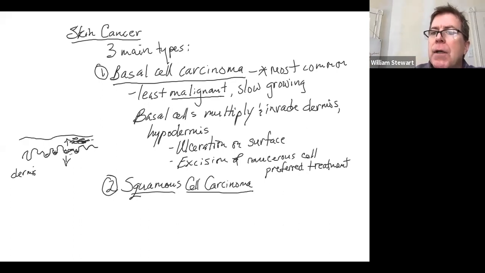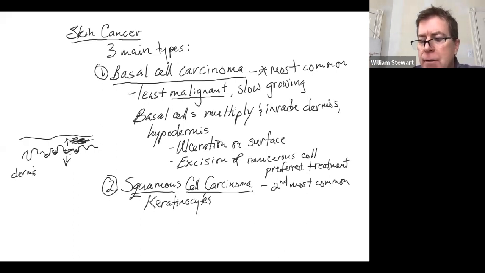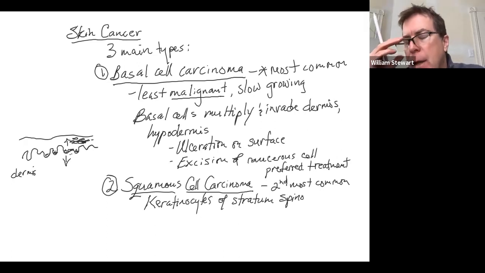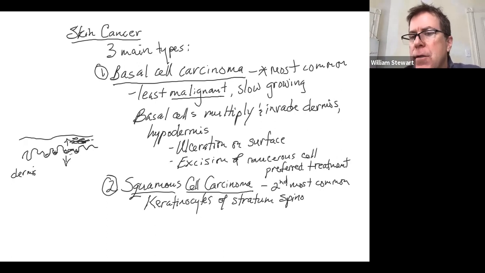It's the second most common type of skin cancer. Keratinocytes are affected the most. I'm just going to write keratinocytes of the stratum spinosum is where it originates. Remember, that's just above the stratum basale, but it's also much thicker than the stratum basale.